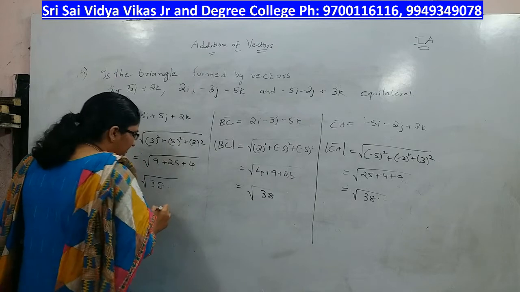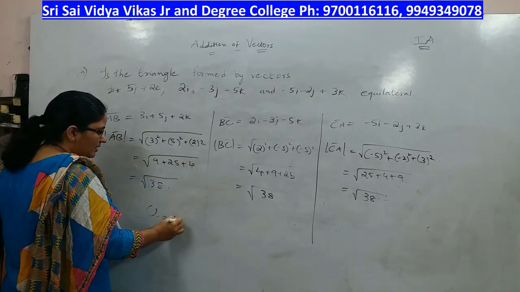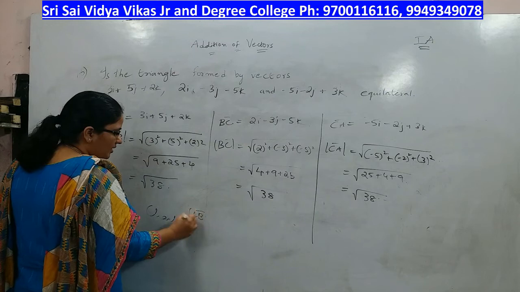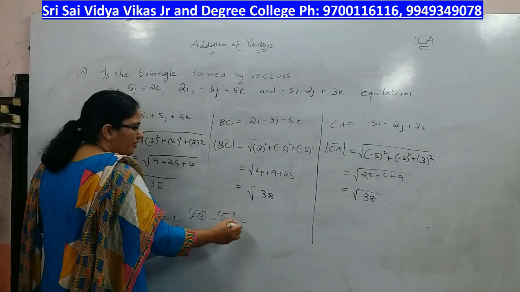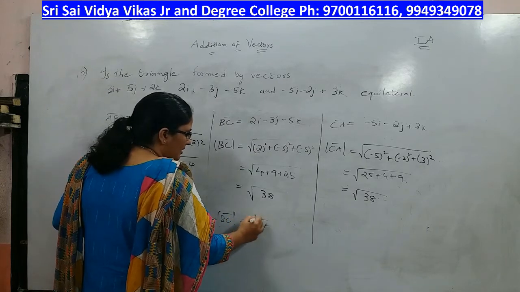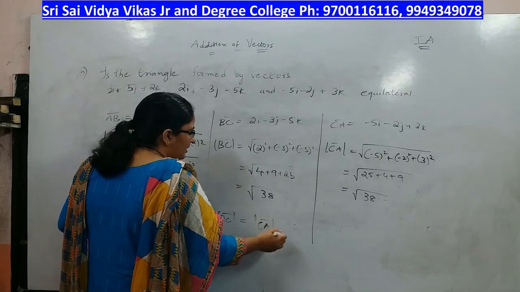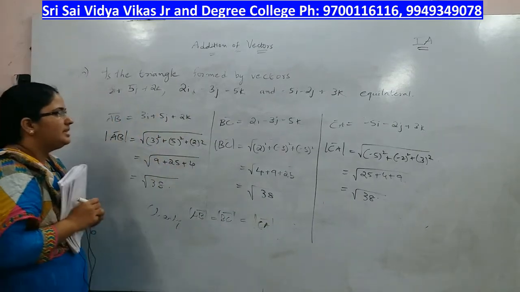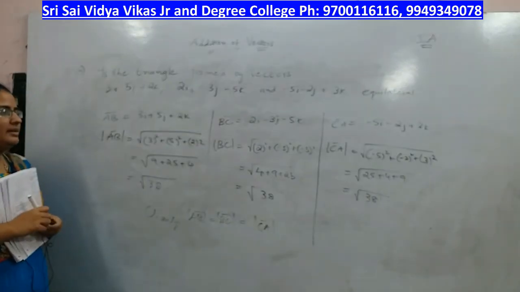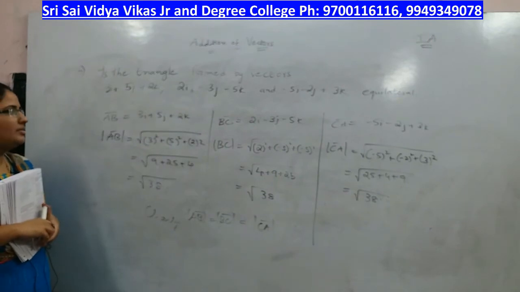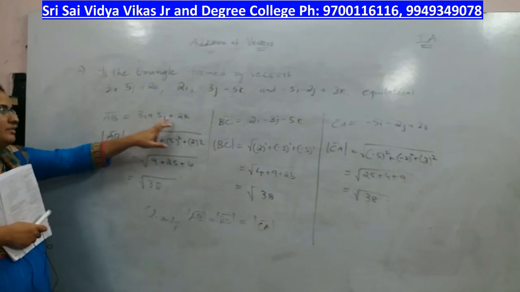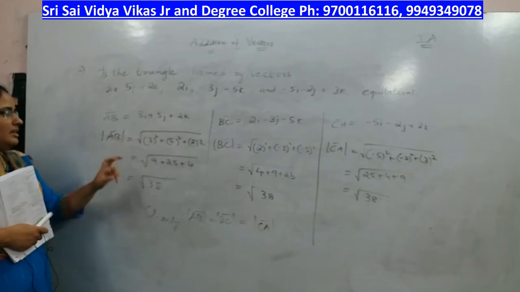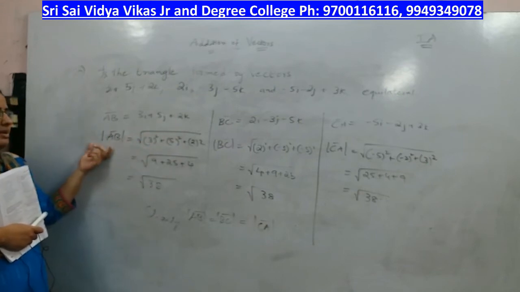Clearly, modulus of AB is equal to modulus of BC is equal to modulus of CA. Therefore, these three vectors form an equilateral triangle. This is what you have to remember. How to find modulus is, you have to take coefficient of i square plus coefficient of j square plus coefficient of k square under root. That will give you modulus of AB.